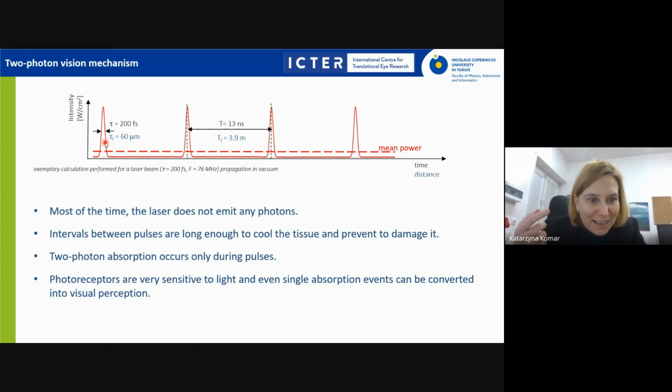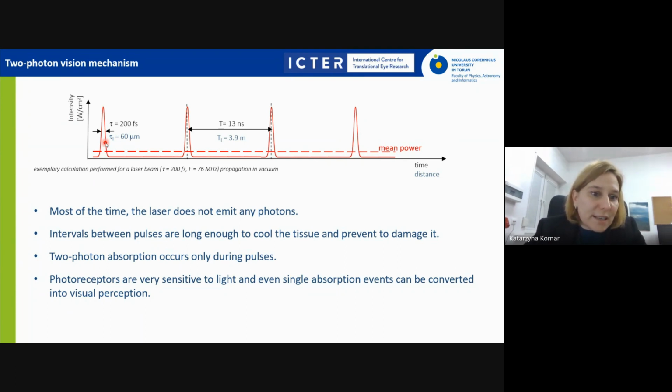So you can see here that most of the time the laser does not emit any photons. And so intervals between pulses are long enough to cool the tissue and prevent damage to it. So two-photon absorption occurs only during pulses, and photoreceptors are very sensitive to light. And even single absorption events can be converted into visual perception, as we know.